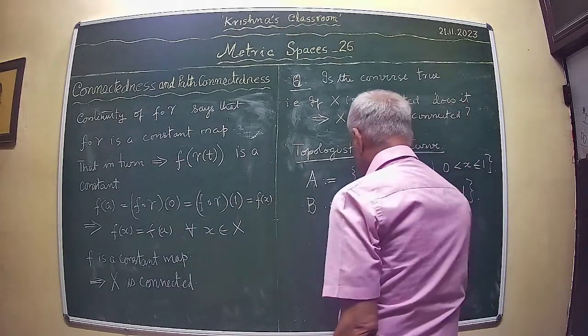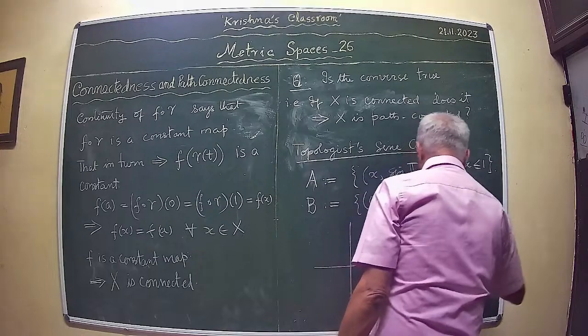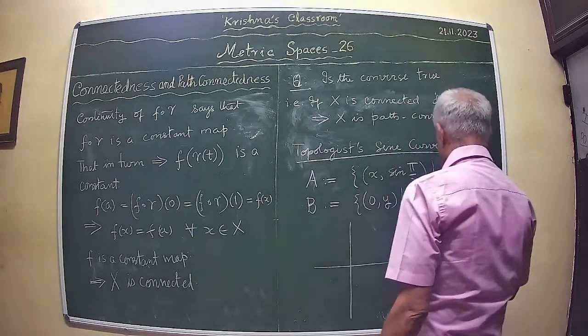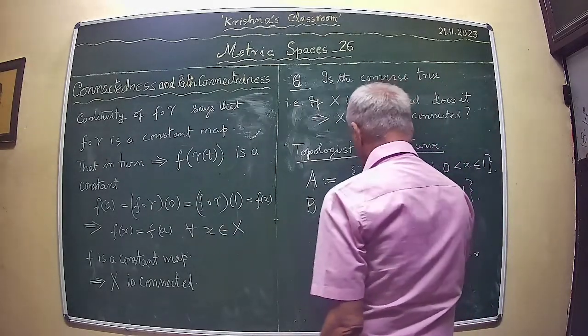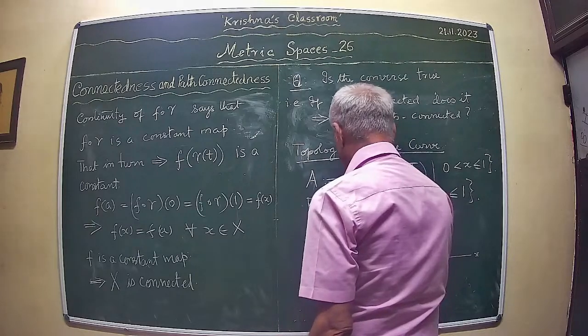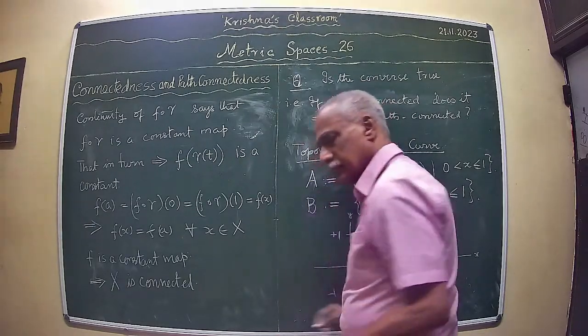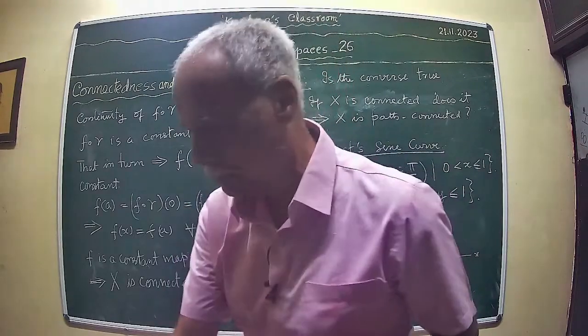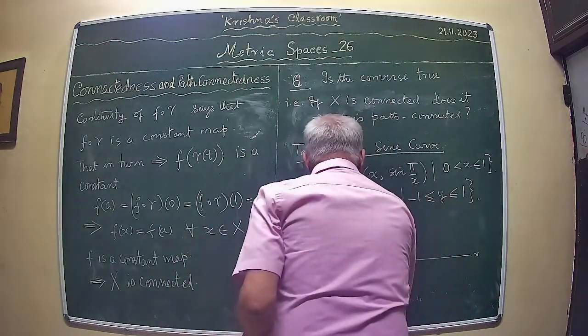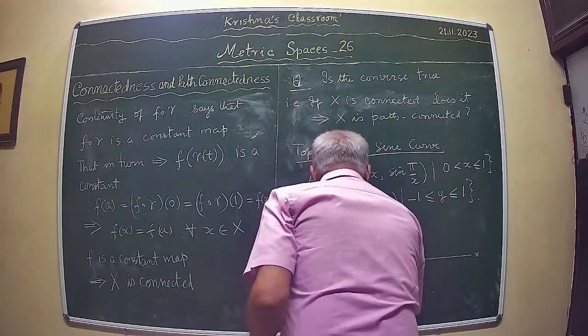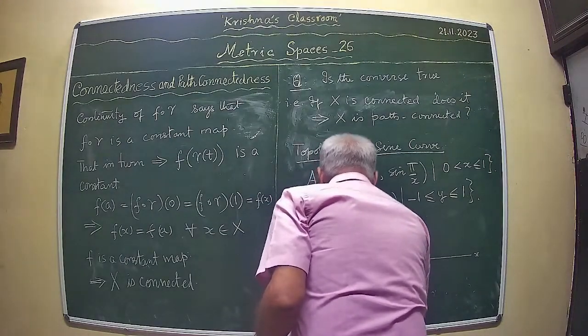What is this? This is the y-axis. So this is one set. This is the set B.